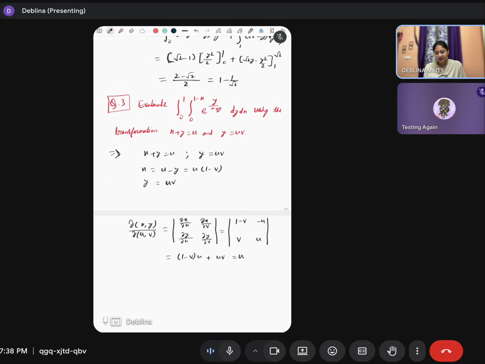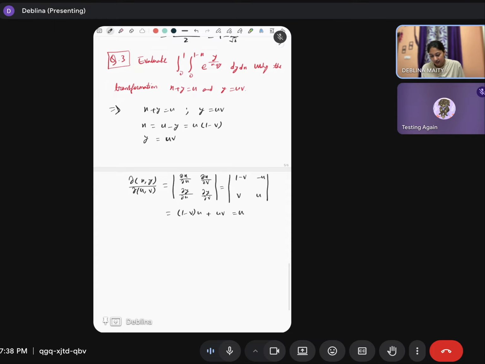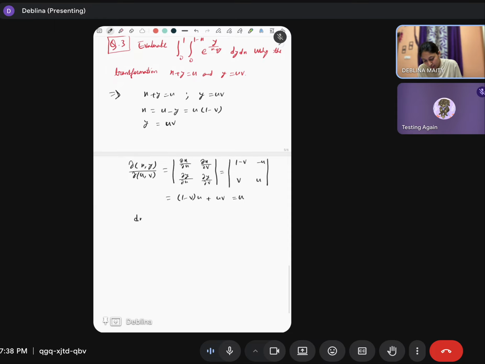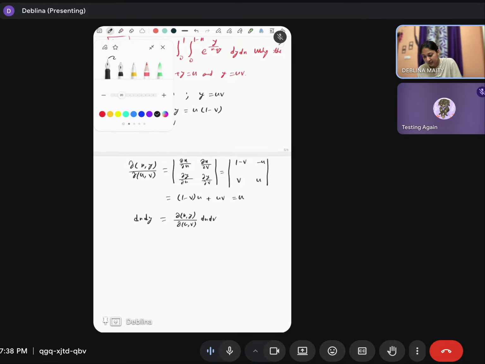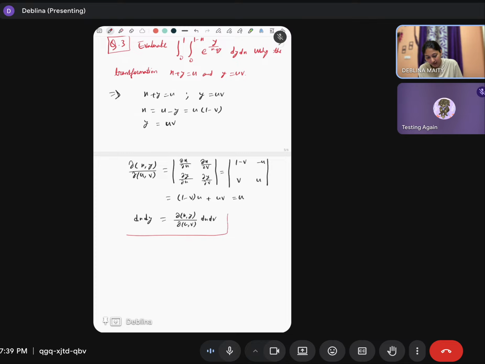So the Jacobian is u, right? So we know this dx dy equals del x y by del u v du dv, right? So we'll change from xy to uv variables, right?